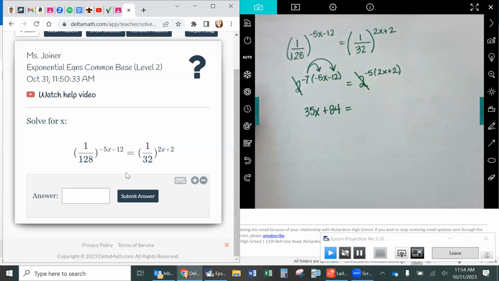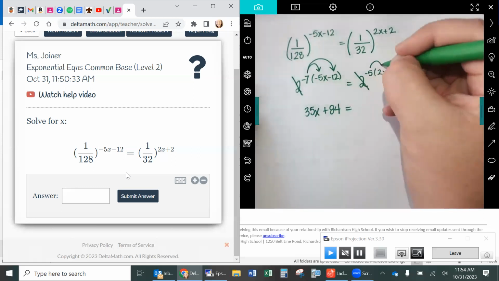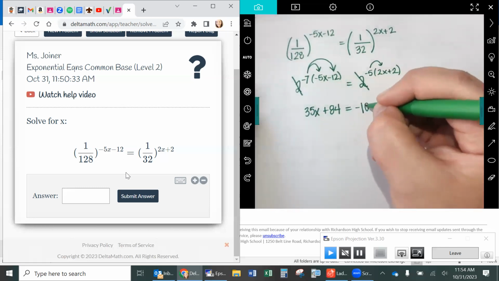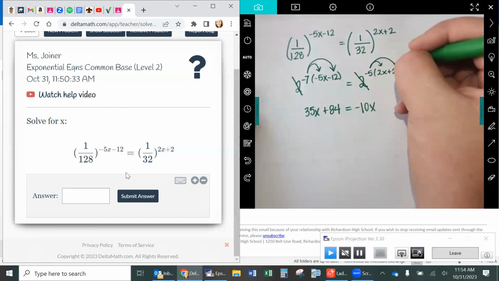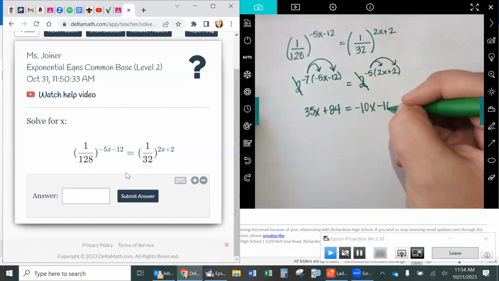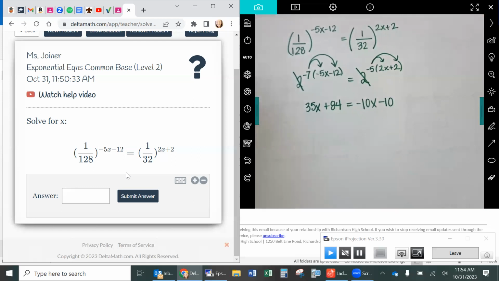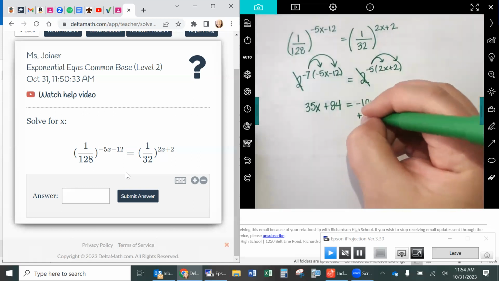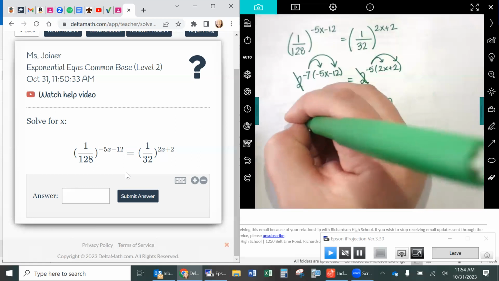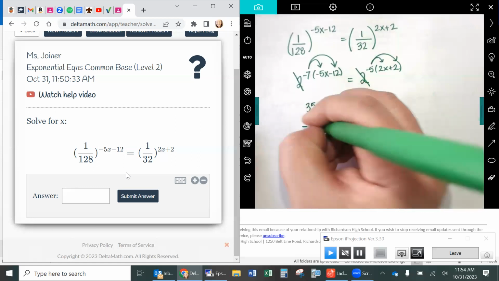Okay, on the other side, -5 times 2x. And then -5 times 2. Okay, what should I do from there? Got x's on both sides. Add 10x across, very good. So I would always combine your x's first.